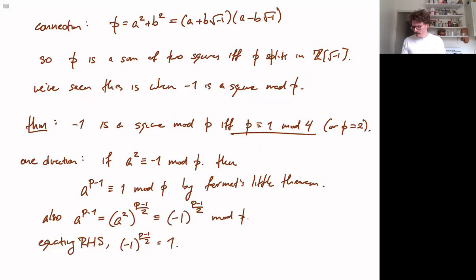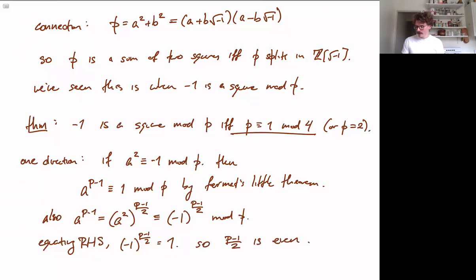Just to mention, these are congruences, but since this thing is either plus or minus 1, and we're saying it's congruent to 1, it must be 1, because -1 is not congruent to 1 unless p is 2. So p minus 1 over 2 is even, because when you take powers of -1, if you take an odd power, you get -1, and if you take an even power, you get +1.